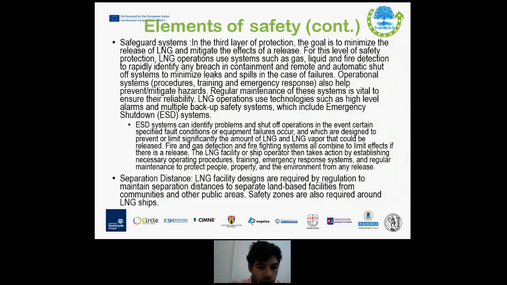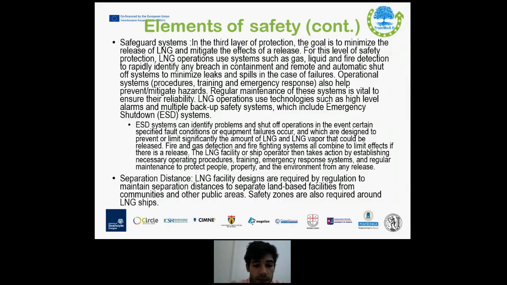With regard to the latter, ESD systems can identify problems and shut off operations in the event certain specified fault conditions or equipment failures occur, and which are designed to prevent or limit significantly the amount of LNG and LNG vapor that could be released.